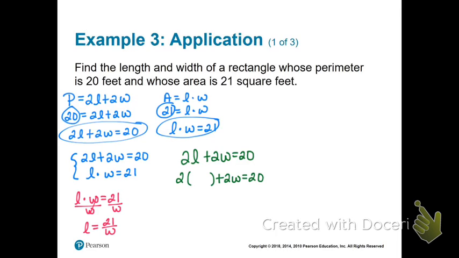And we know L is 21 over W. What can I do now? Can I multiply these two? Yeah, remember this 2 is like 2 over 1. And when you multiply straight across the fractions, we get 42 over W plus 2W equals 20.